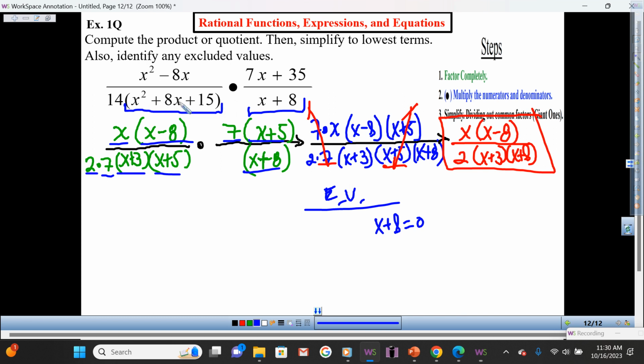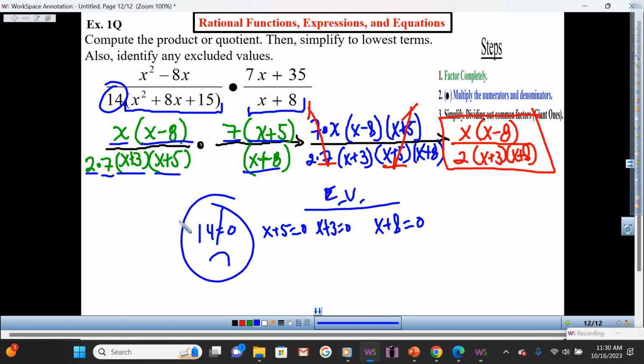Emily, what would be the factors for this one? x plus 3 equal to 0. x plus 5 equal to 0. So far so good. And then the 14, we can write it as 14 equal to 0, which cancels because it's not true.